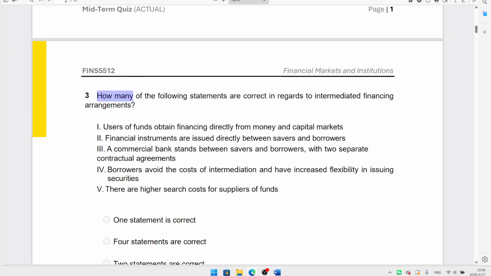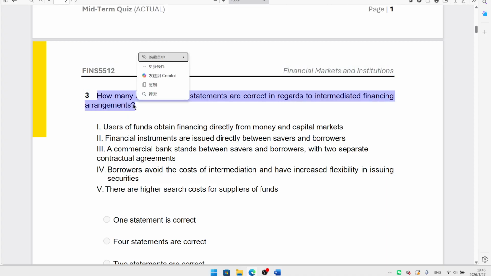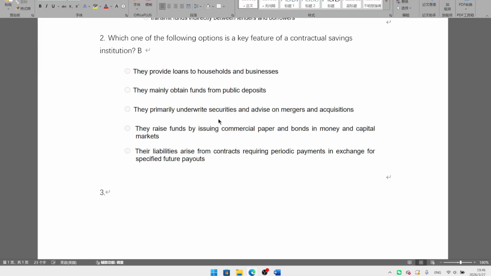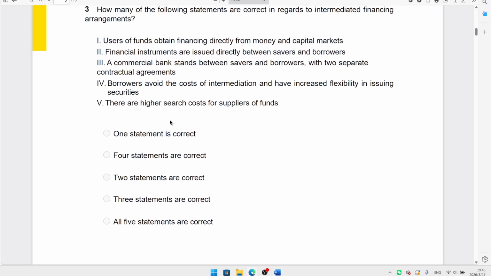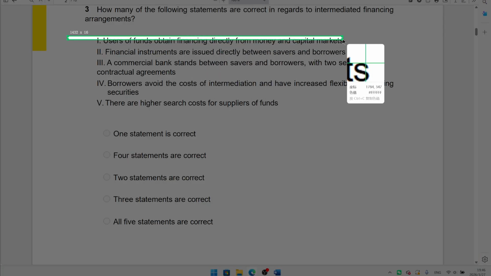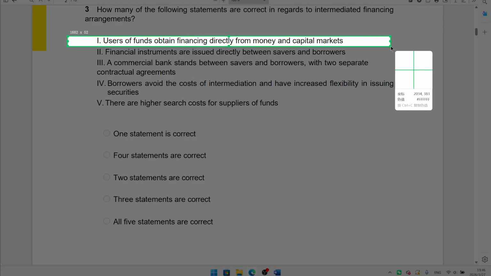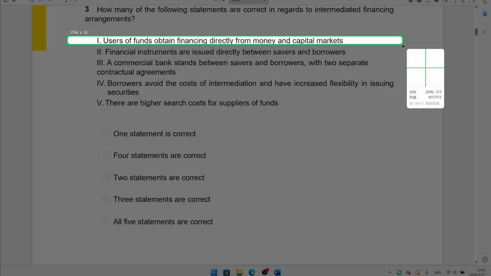How many of the following statements are correct in regard to intermediate financing arrangements? Intermediate financing arrangements. So we can see that users of funds obtain finance directly from money and capital markets.